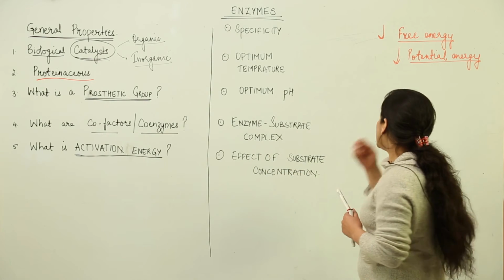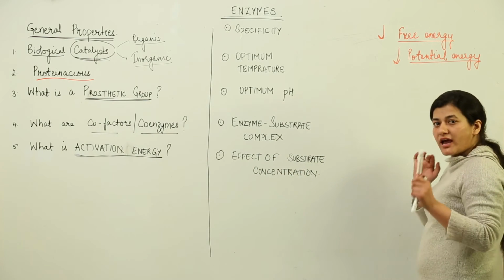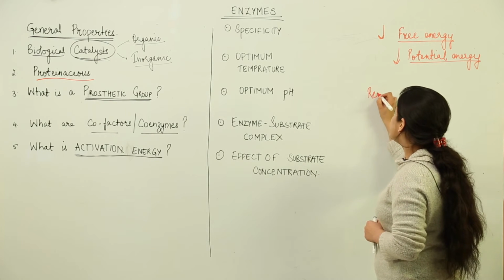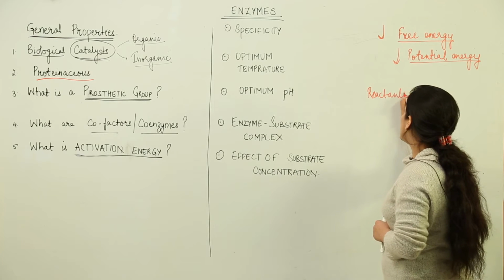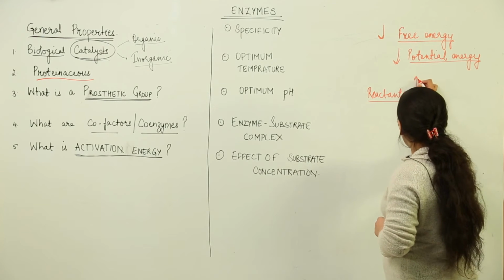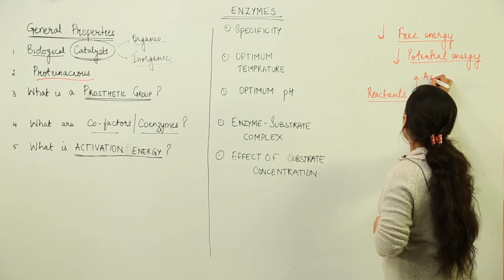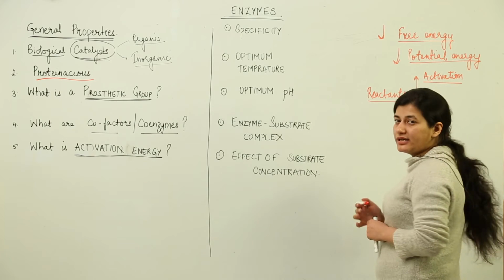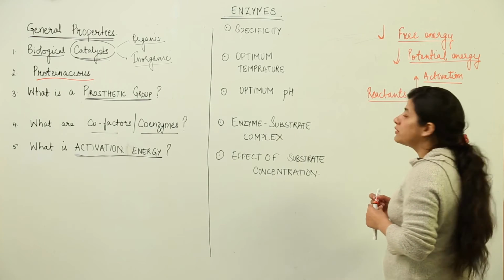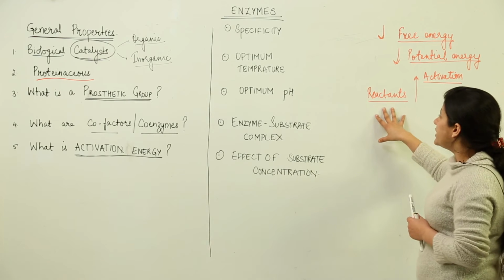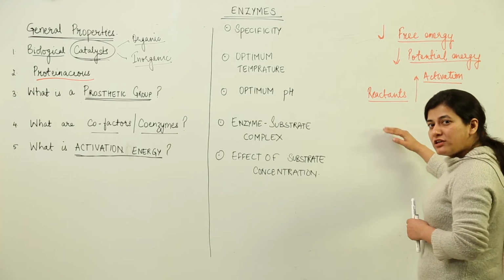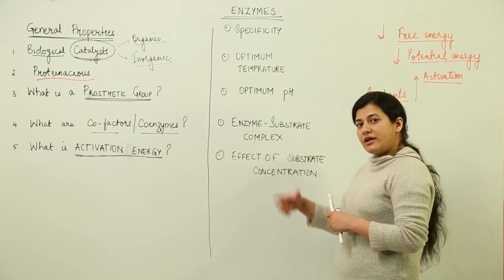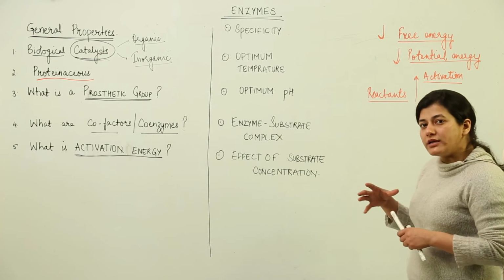Now when I talk about activation energy, whenever the reaction has to take place, there would be reactants which need to reach such an energy from where the reaction has to take place, because ultimately a reaction is breaking and forming of chemical bonds. So the reactants will undergo a transformation where they would reach the activation energy, which could be provided externally, or they would develop that internally so that the bond breakage is easier.